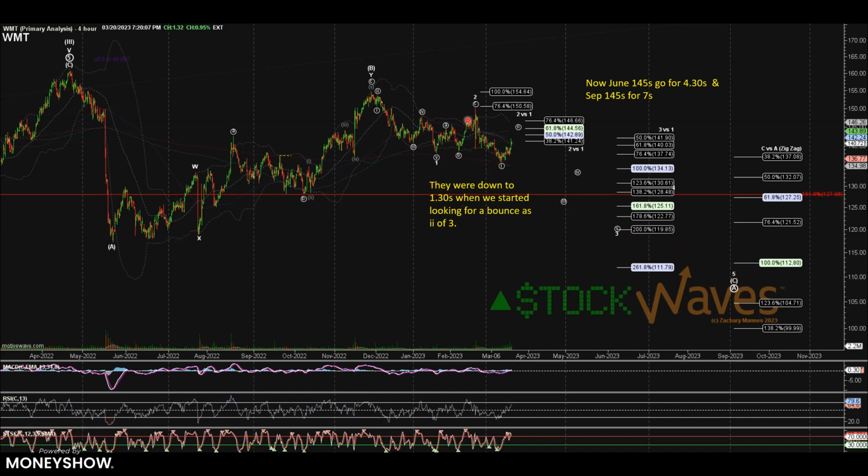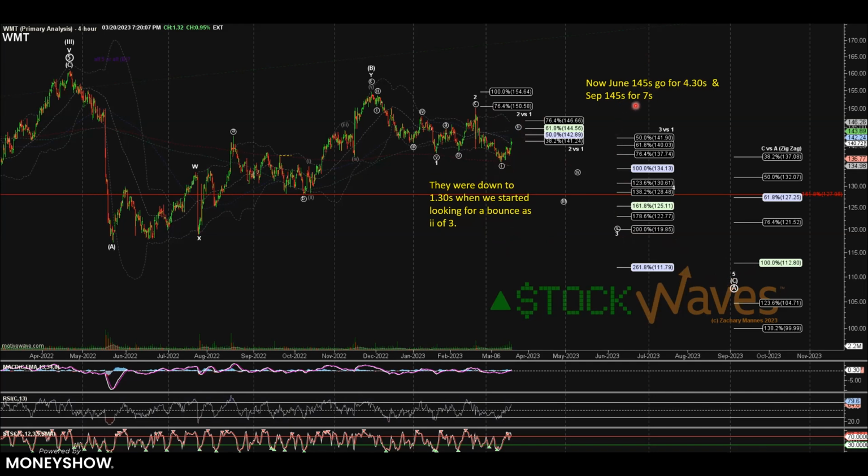So when we did have 5 waves down into the 200-day moving average as our possible wave 1, when we started looking for that bounce as a wave 2, those same calls were down to $1.30. And now, as we are close to our ideal resistance region as the wave 1 and wave 2 inside the third of our C wave down, the June 145s are going for about 430.